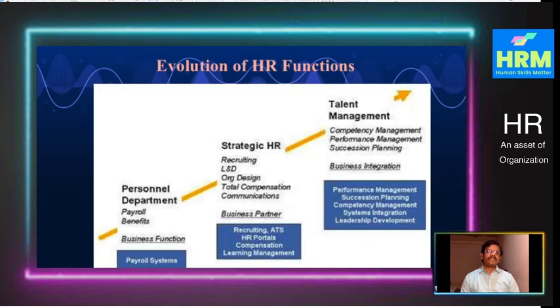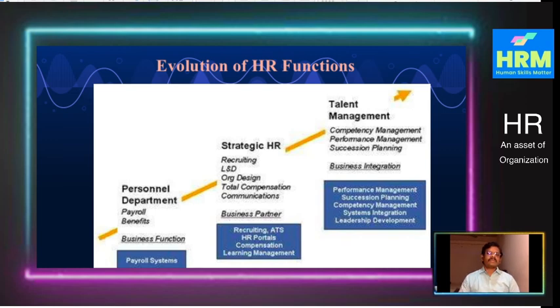Further, if you look at the evolution of the human resource management function, it started from a personnel department handling payroll, benefits, and business functions. Then came strategic HR, related to recruitment, leadership and development, organizational design, total compensation, communication, and business partnering. Then talent management. You can see three different levels in the evolution of the functions.